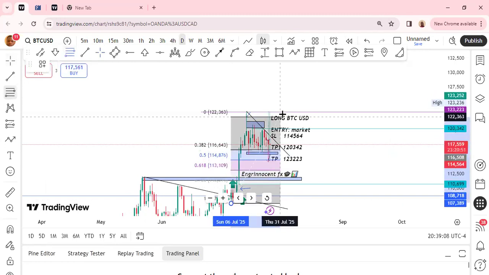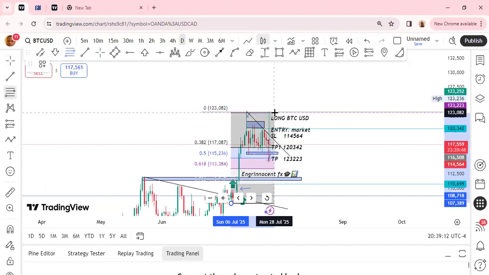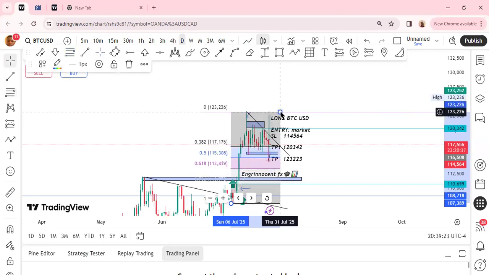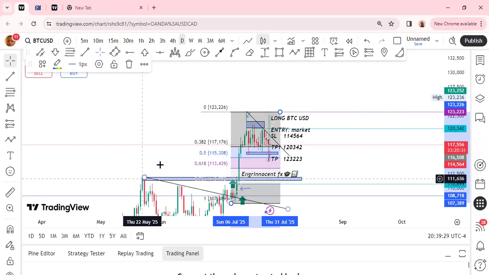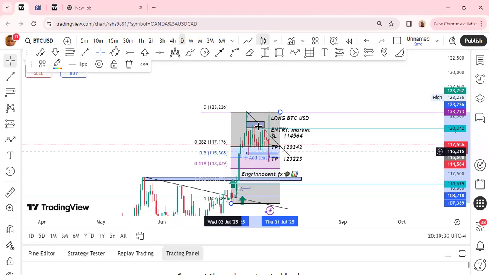Now it's rallied to create a new all-time high after the 110,699 all-time high created in the month of May, 22nd day of May 2025.